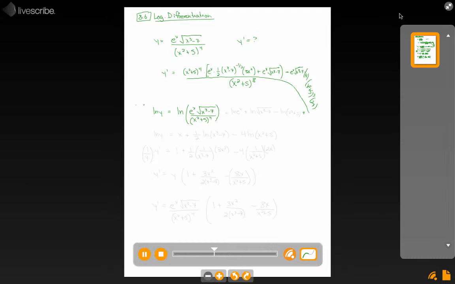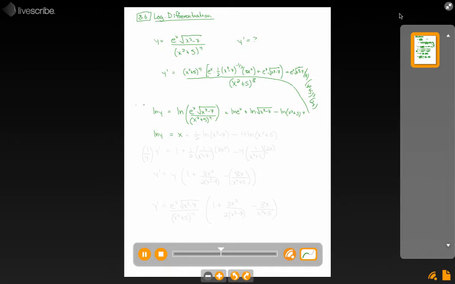I've got ln of e to the x plus ln of the square root of x cubed minus 7 minus ln of x squared plus 5 to the 4th. So ln of y equals, and ln of e to the x is just x.